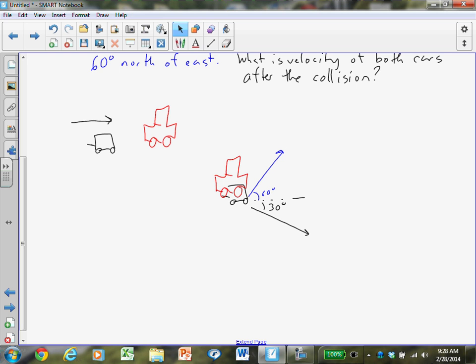So the way to do that is you start with the momentum of the first car plus the momentum of the second car equals the momentum of the first car after plus the momentum of the second car after.